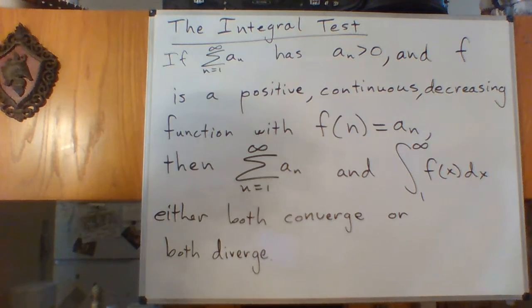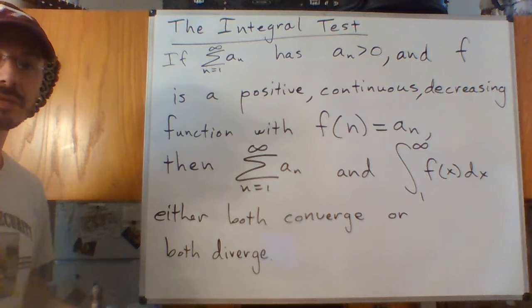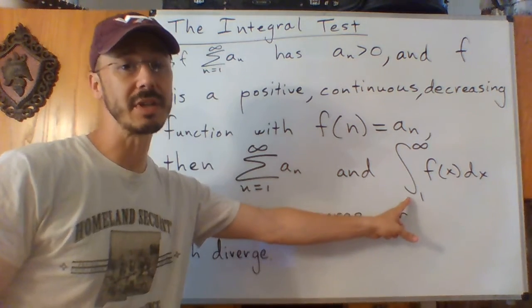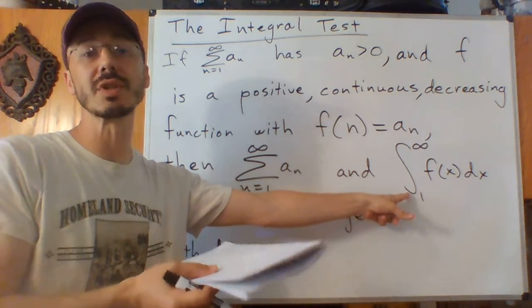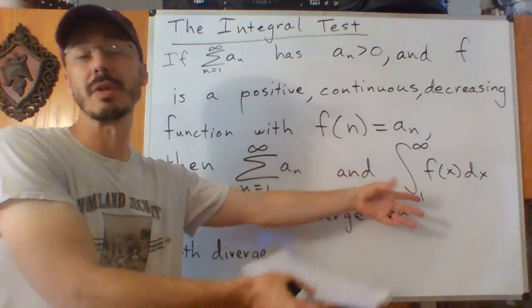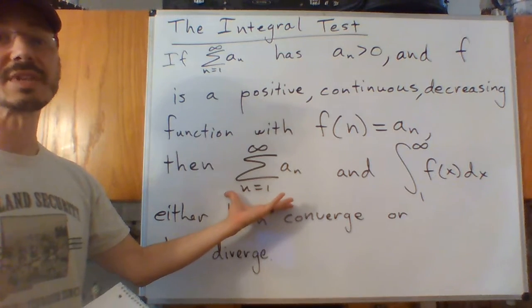Another way to say that is that they have the same convergence property. They converge, or they don't converge. And what we're going to do is evaluate the integral to see if it converges or diverges. If it converges, it's a finite number. Diverges, it's not a finite number, or the limit doesn't exist. This will have the same convergence.